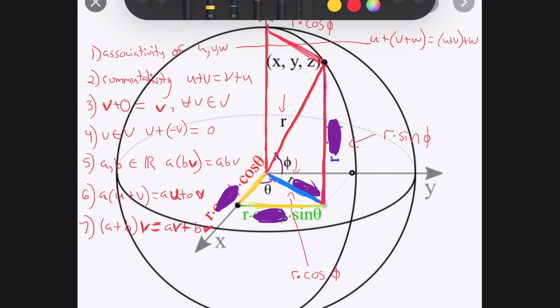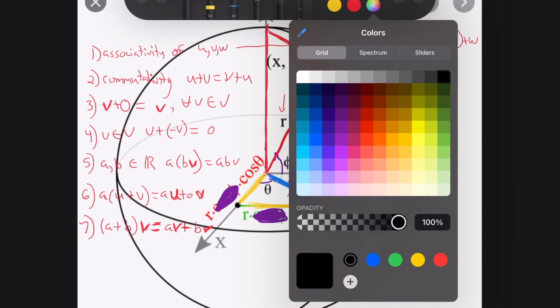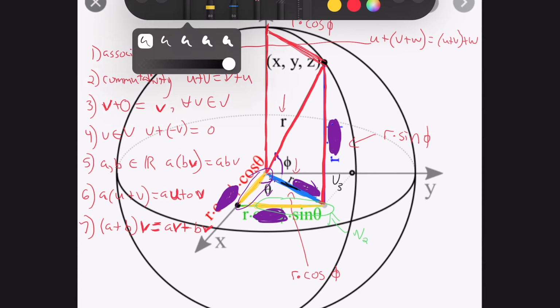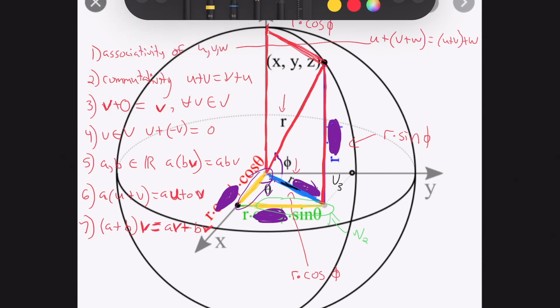So we know that we're going to call this vector here v1, and this vector here is v2, and we're going to call this blue one here vector 3. So let's put everything together that we have.